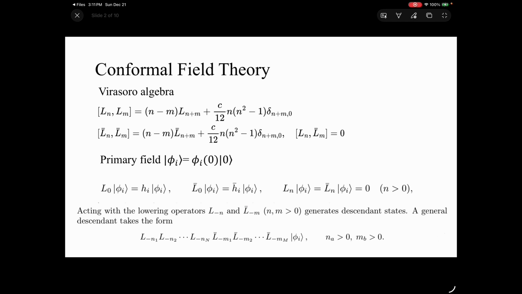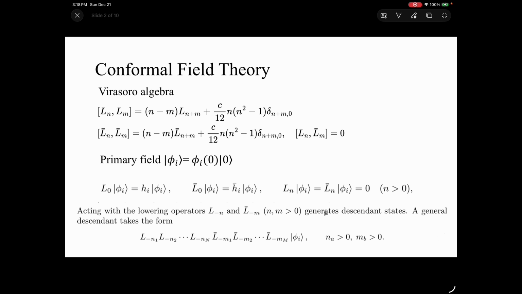And one object is crucial in conformal field theory, which is the primary field. It can be generated by a primary operator acting on the vacuum. The primary field follows these three equations. If the generator with index 0 acts on the primary field, it will create the conformal dimension h, and the anti-holomorphic part has a similar property.